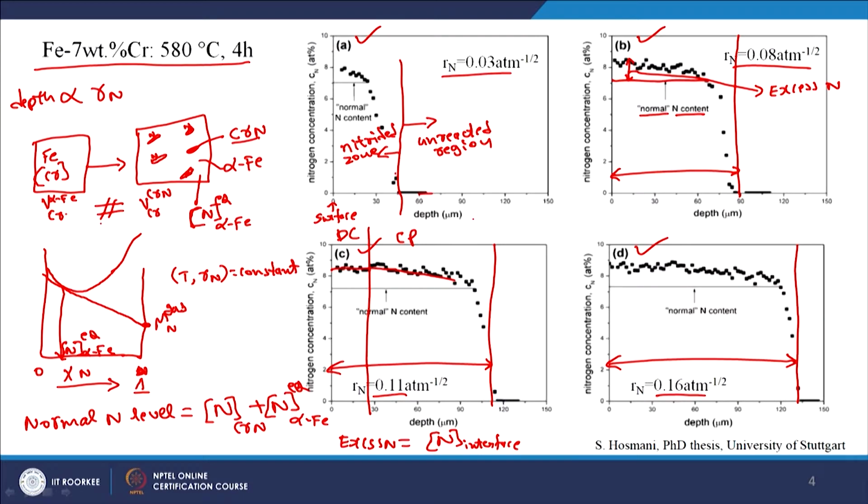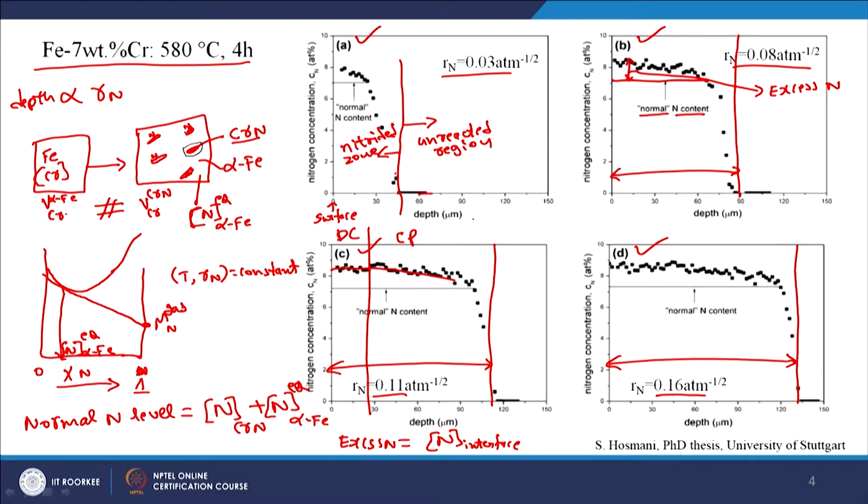Because of this misfit, you introduce strain fields around the particles. So the ferrite matrix is strained in the immediate surroundings of the particles.